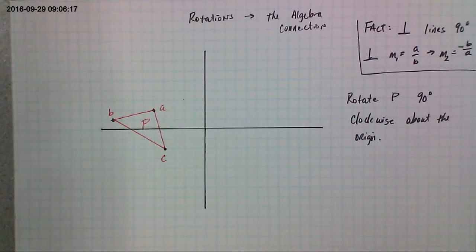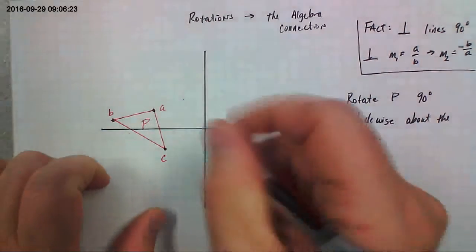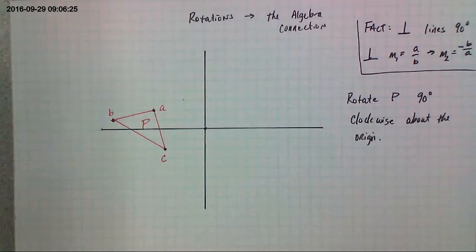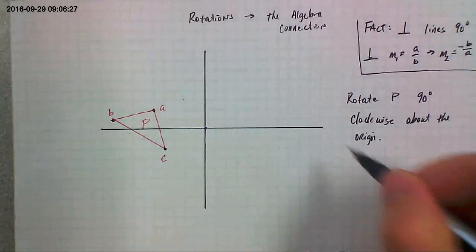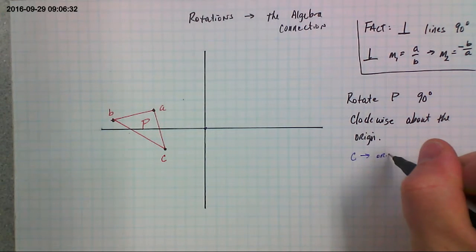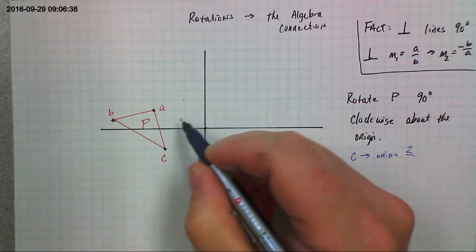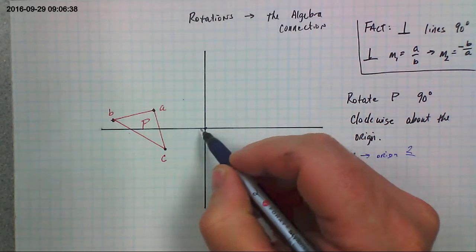So check this out. Let's rotate this triangle, P, 90 degrees clockwise about the origin, which is right here. I'm going to do it one point at a time. So I'm going to go from C to the origin. It has a slope of 2 over 4.